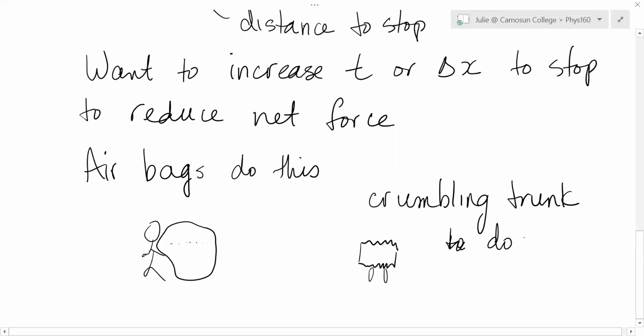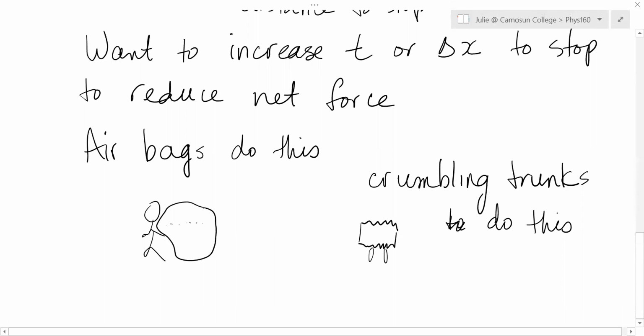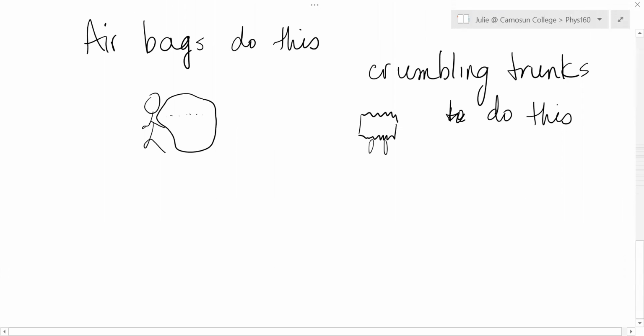As the trunk of the car takes the impact and crumbles up, both the time and the distance over which you stop are increased. And so that decreases your acceleration, which decreases the force.